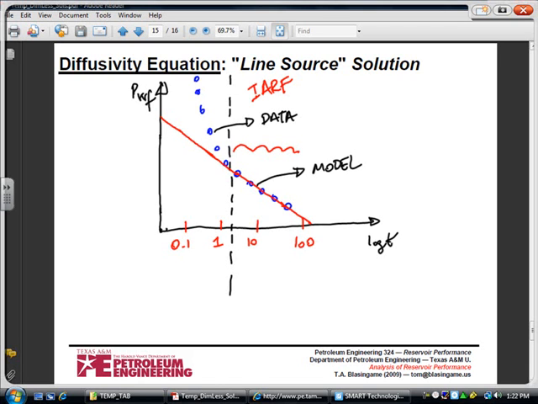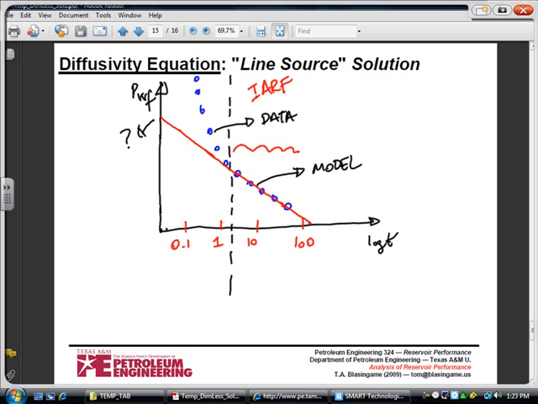And where is the intercept? Is it here? Yes?